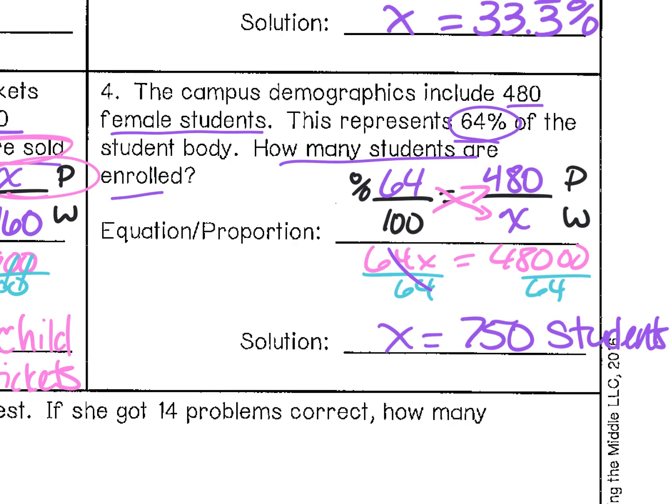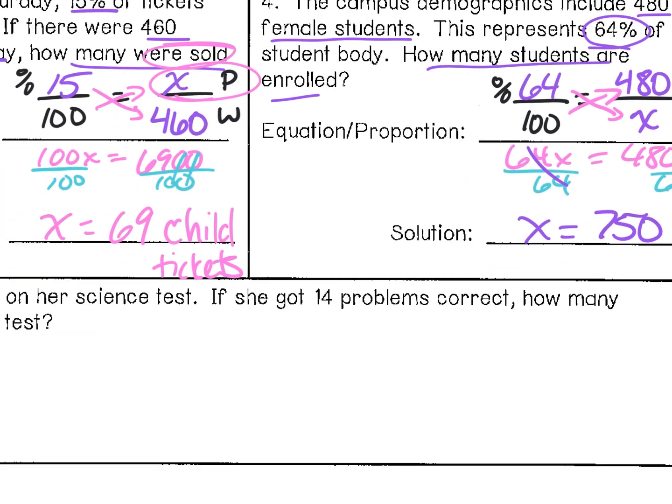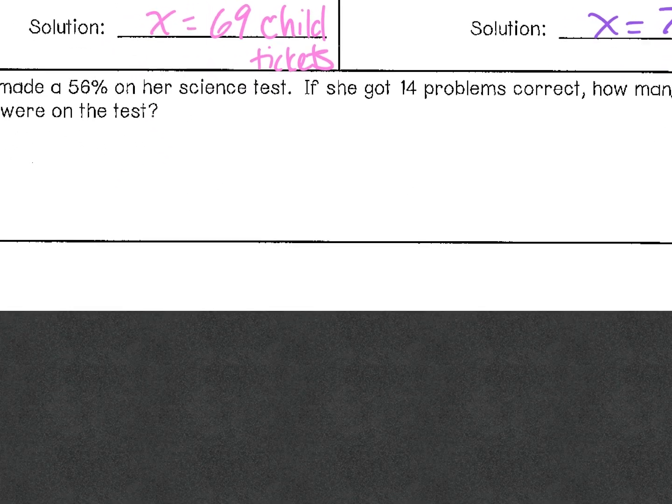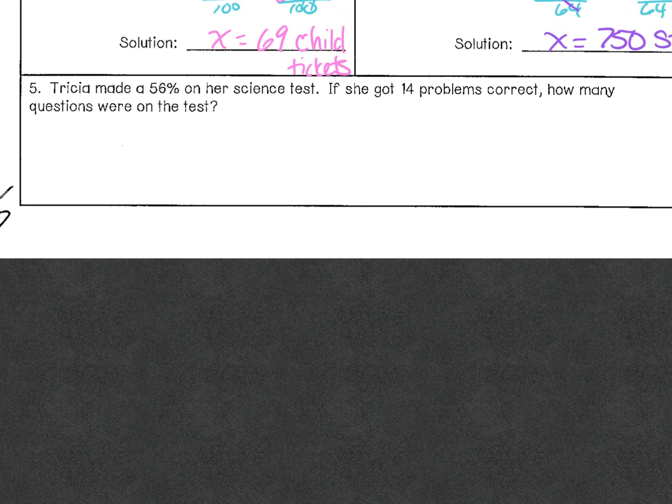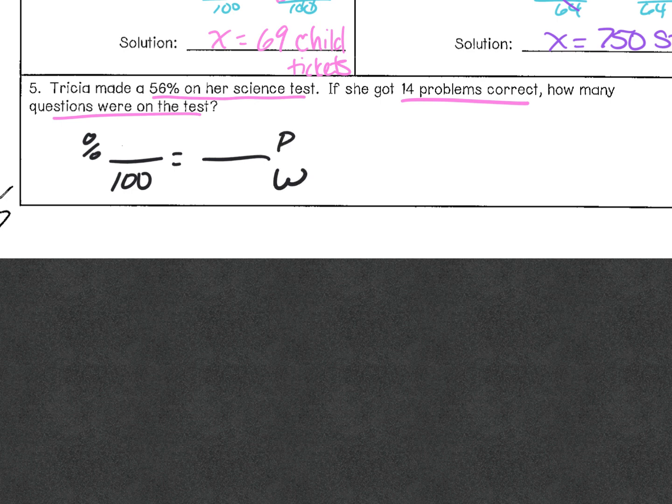Okay. Got one more to do. Okay, so Trisha made 56% on her science test. She got 14 problems correct. How many questions are on the test? Again, same setup. Percent over 100 equals part over whole. So we got 56% on our test.